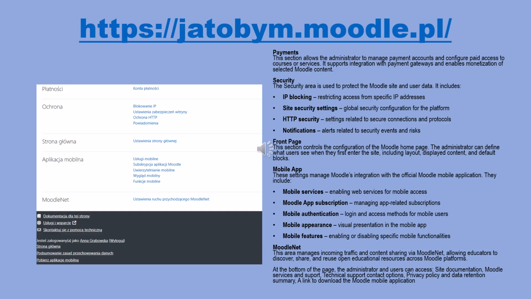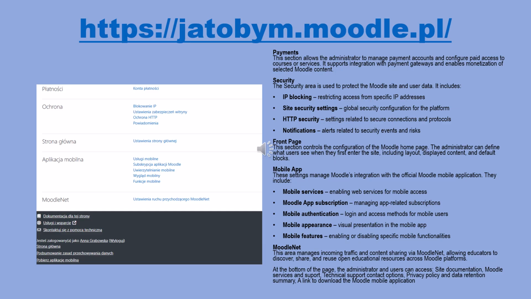It includes IP blocking, restricting access from specific IP addresses, site security settings, global security configuration for the platform, HTTP security, settings related to secure connections and protocols, notifications, alerts related to security events and risks.